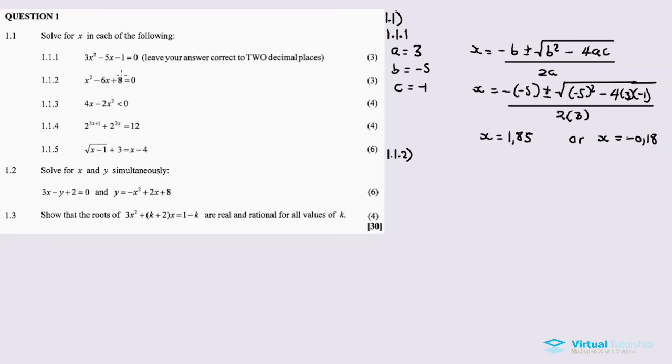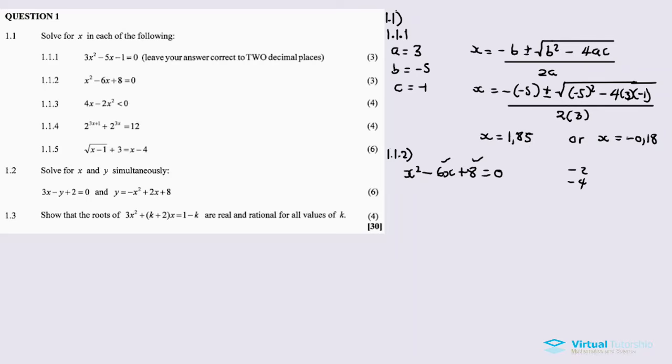For the factoring method, we want two numbers. This is the equation. I'm looking for two numbers that when I multiply give me positive 8, and when I add give me negative 6. Which numbers are those? Negative 2 and negative 4. Negative 2 plus negative 4 gives negative 6, and negative 2 times negative 4 gives positive 8.